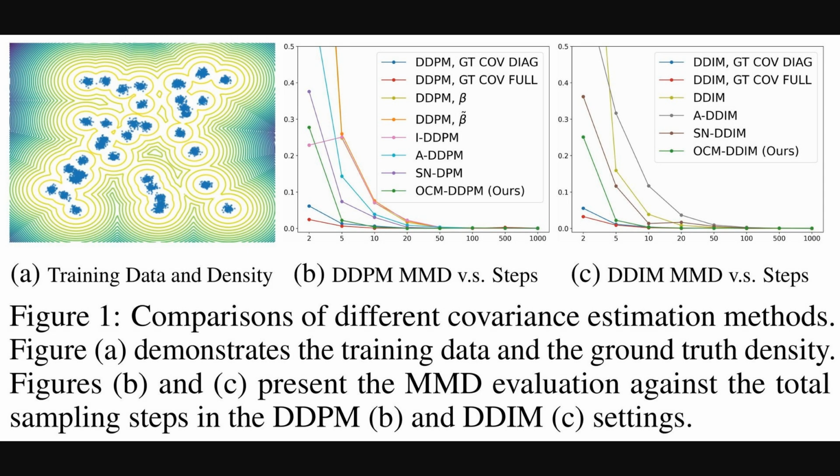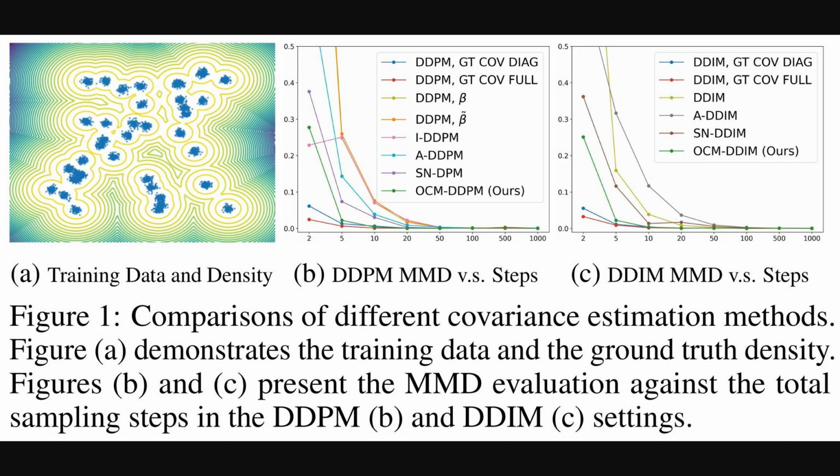Alright, so shifting from those image quality metrics, Figure 1 here gives us a more foundational look at different covariance estimation methods. Part A shows the training data and the ground truth density, which is the ideal data pattern the model aims to learn. Then, Parts B and C plot the maximum mean discrepancy, or MMD.